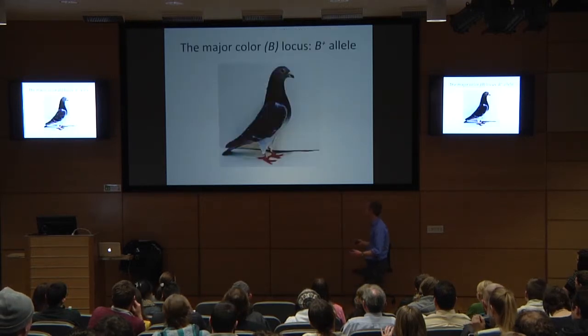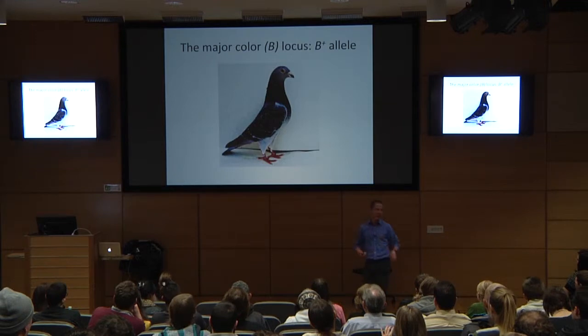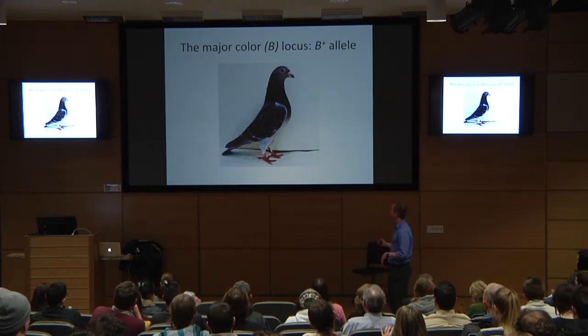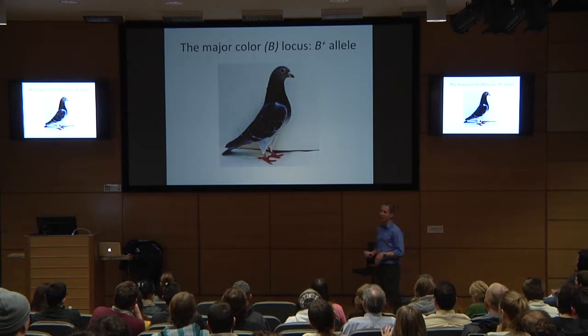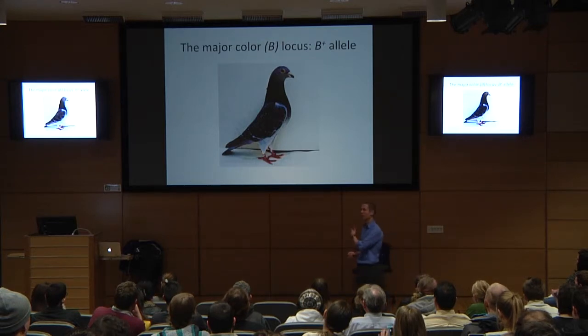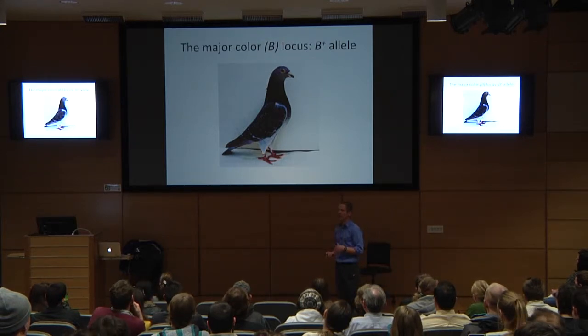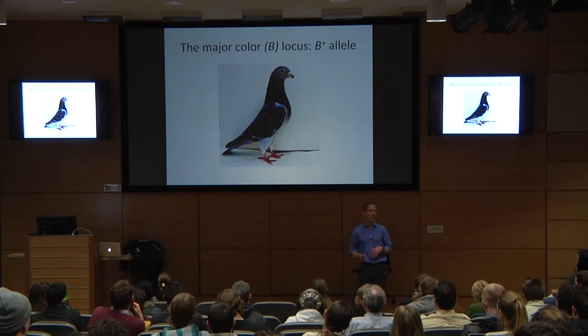So for instance, let's introduce our first player in the color game, so to speak. This is the major color locus that we're going to symbolize with a B. This is what a pigeon looks like if it's wild type at this major color locus. You may recognize these guys, these are probably the most common color of pigeon that you'll see out in the city.